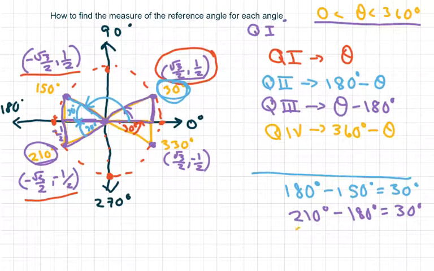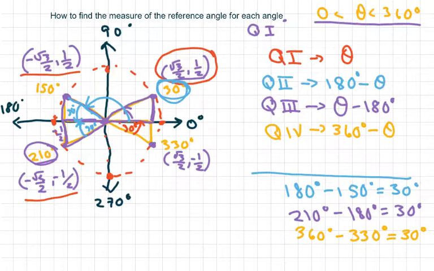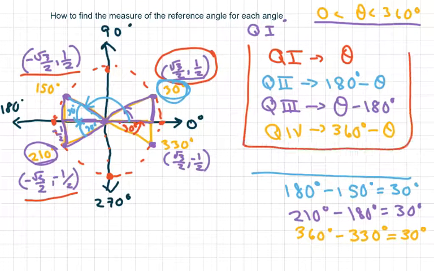In this case, it would be 360 degrees minus 330 degrees equals 30 degrees. Okay? So now we're going to get angles that aren't so nice, like 30 degrees, and we're just going to have to determine what quadrant we're in and then use our formulas here.